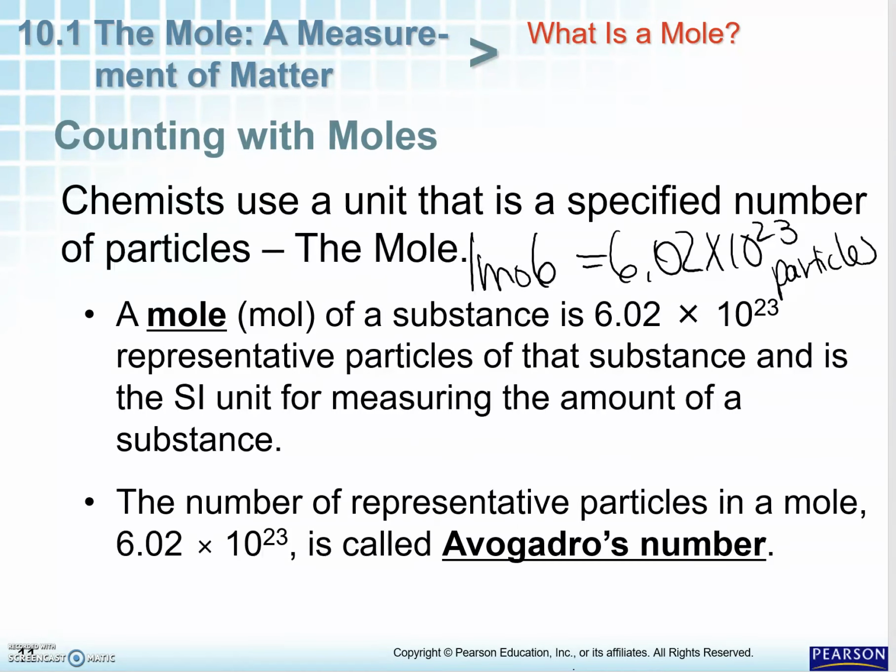Now, this big number is also known as Avogadro's number. Avogadro's number is going to be that 6.02 times 10 to the 23rd.